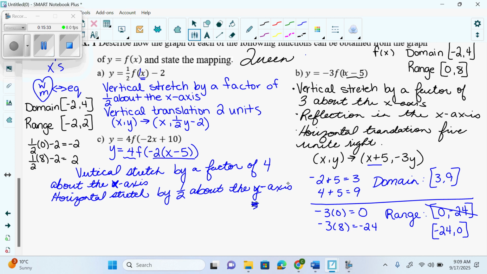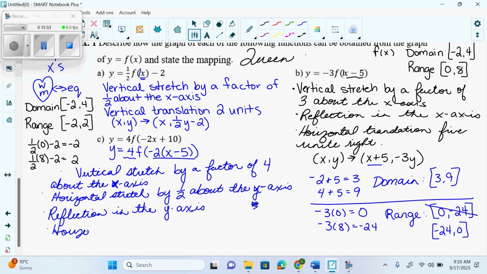Okay, what does this negative do? Reflection in the y-axis. And then we have a horizontal translation.